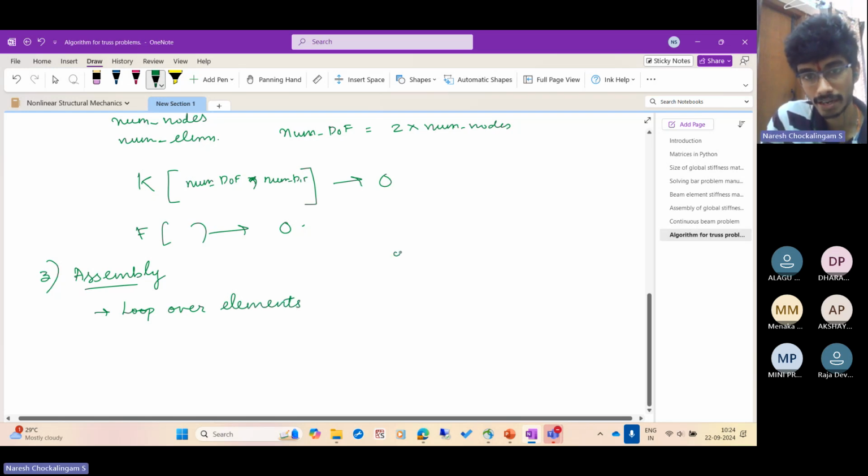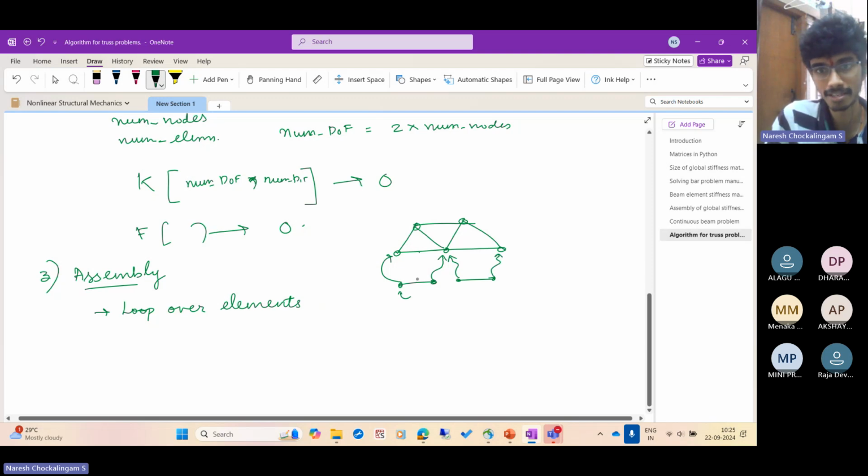We had the same thing, the only difference is the members are not horizontal now. They are connected in all other directions. You take every element, look at its first node, see where it will go. Look at the second node, where it will go. Then take the second element, look at its first node, where it will go, and its second node, where it will go. That is how we did it, right?